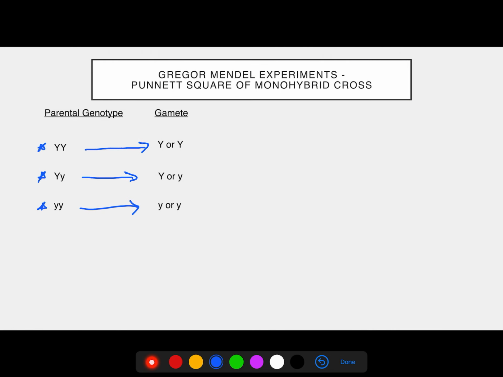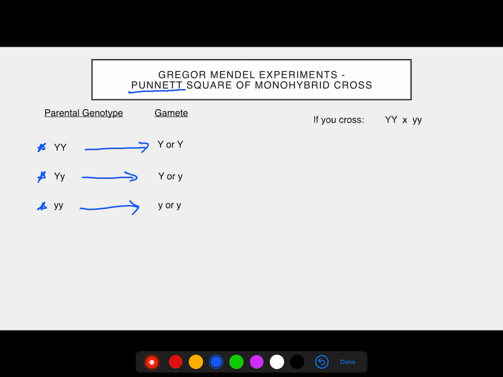Well, there was another scientist, Reginald Punnett, spelled P-U-N-N-E-T-T, that devised this really simple square, which I call a graphic organizer, where you can quickly determine the genotype and phenotype of possible offspring two parents could give if they were crossed together. And then you could do some math about it. The Punnett square looks something like this.